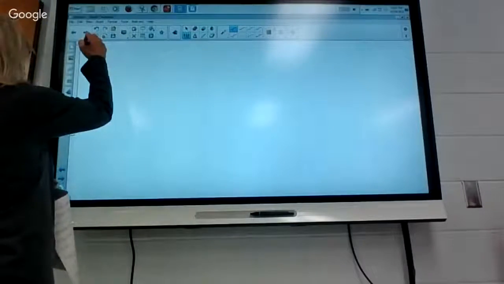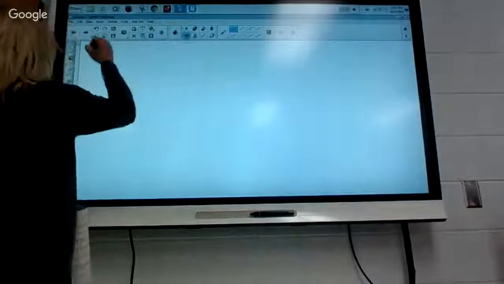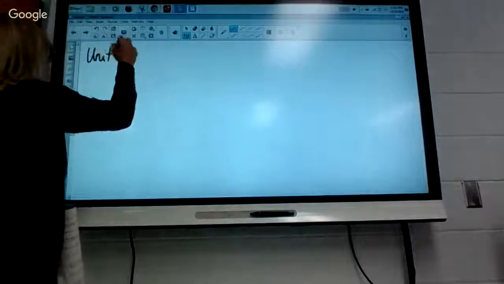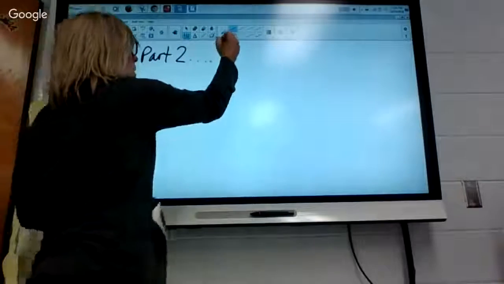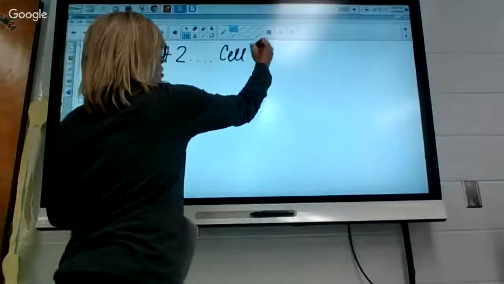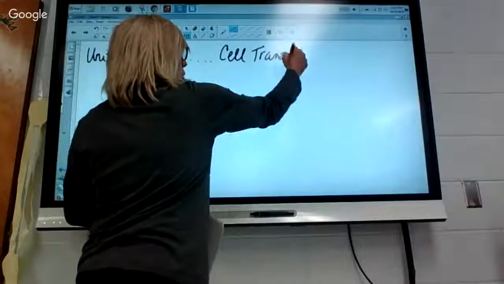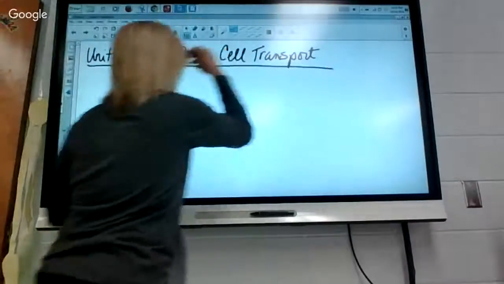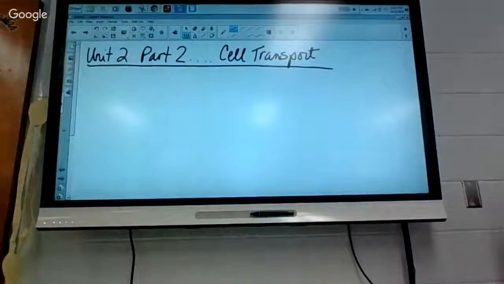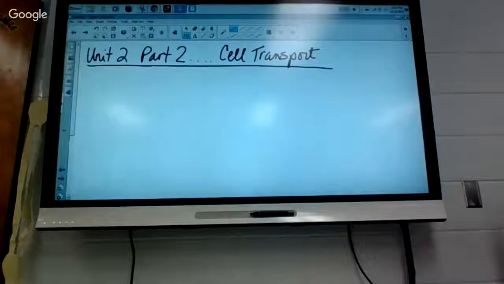Okay, so this is still Unit 2, cell transport. Okay, so the last time that we talked about the cell membrane, tell me what you remember. You said it's very flexible rather than the cell wall. All right, so it's way more flexible than the cell wall. Okay, good. What else, y'all?